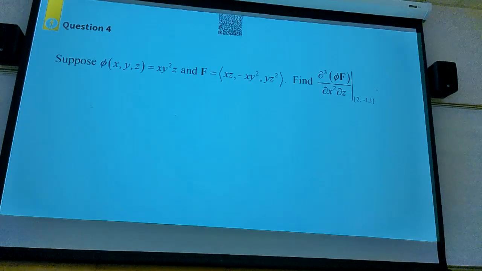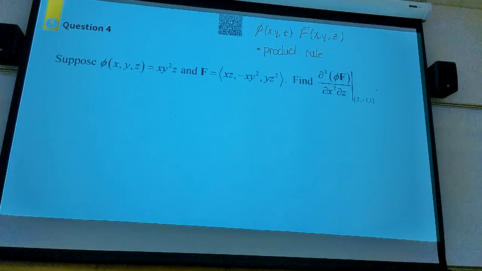It's okay. Two ways to tackle this one. You could use a product rule when you do the partials, right?